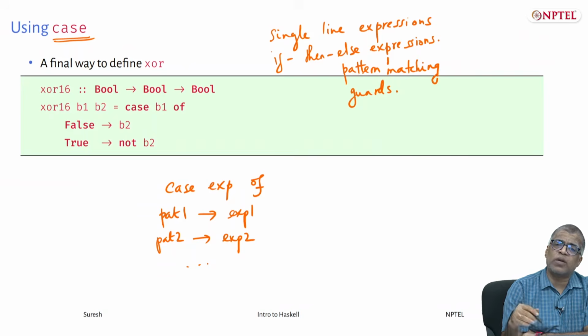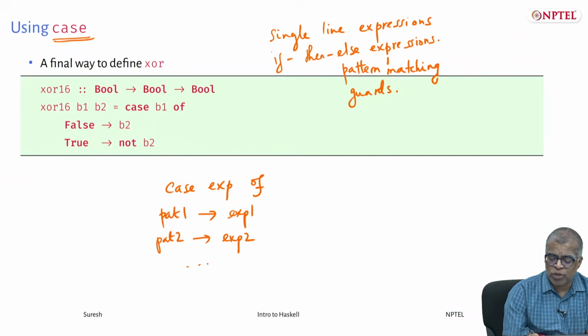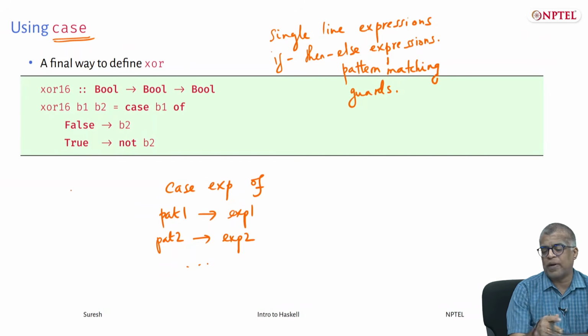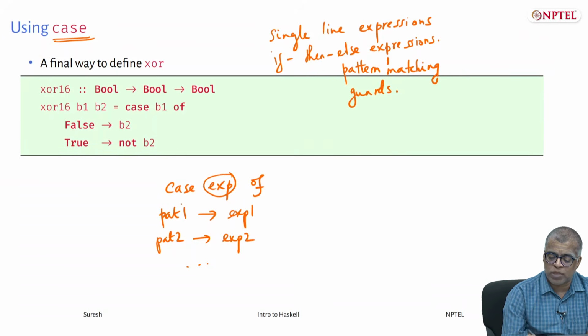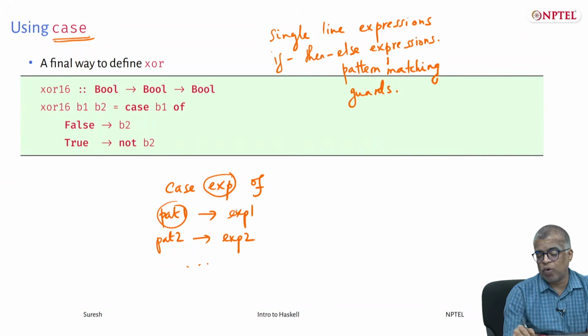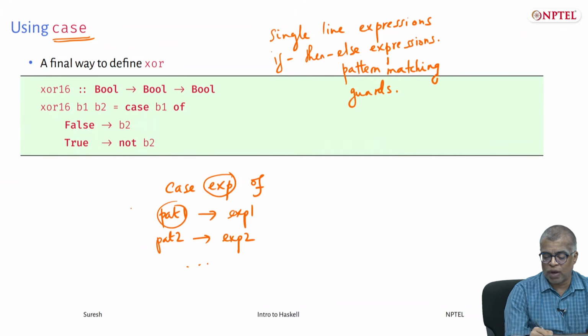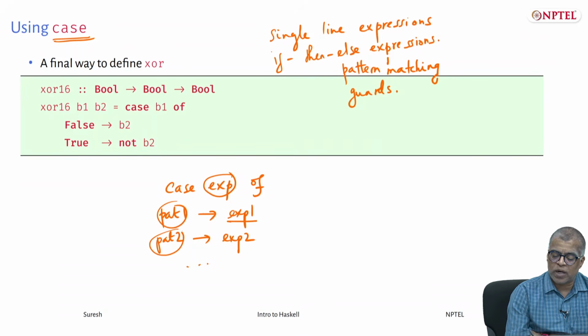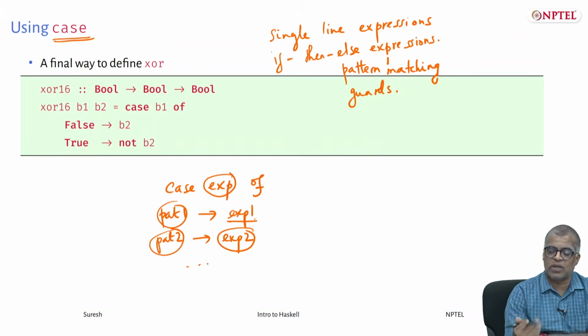In case, similar to pattern matching, you can only give patterns on the left hand side, you cannot give complicated Boolean expressions. You are just saying if this expression matches this pattern, then the overall value, that is the value of this expression, is expression 1. If exp matches pattern 2, then exp2 is the value of the overall expression. So that is what you want to say.